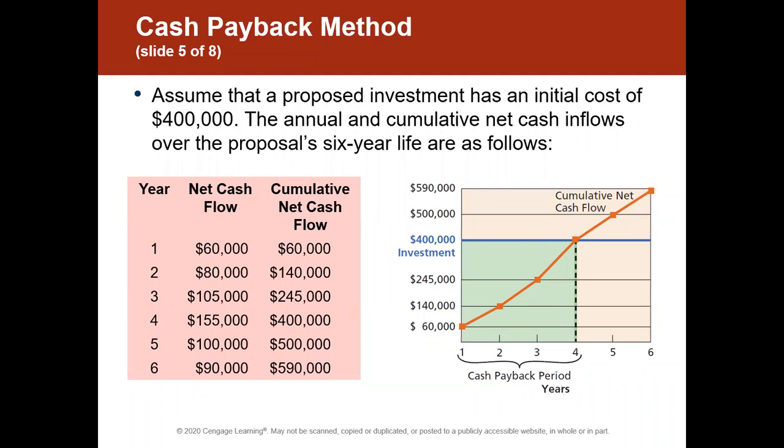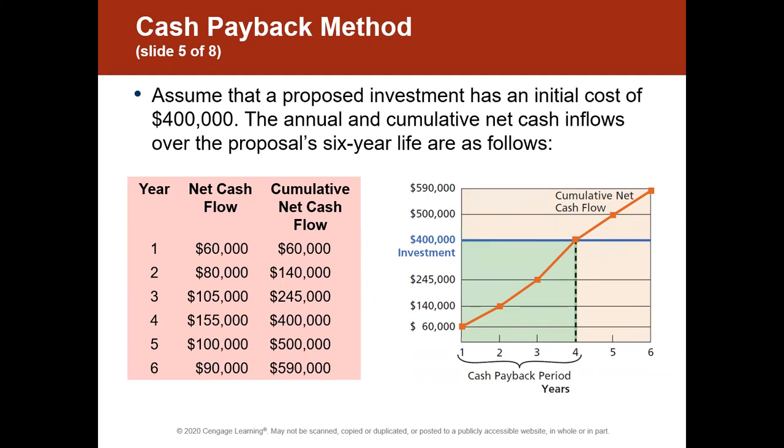In essence, what we have to do is you can either plot it out. They did this on a graph, or what I do a lot of times is I just take the investment, 400,000, and then say after the first year, I still haven't paid back 340,000 of that investment.